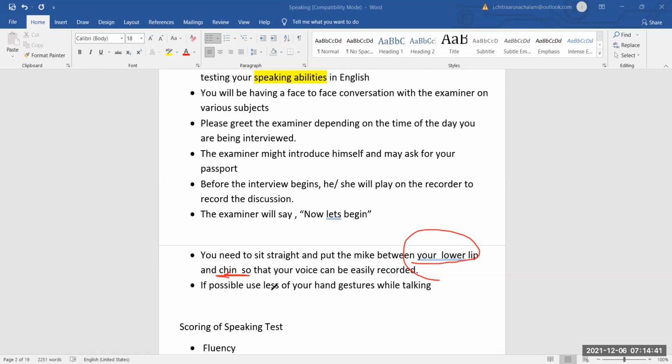The other thing is, as soon as the examiner says, now let's begin, please sit very comfortably. You do not want to use a lot of hand gestures, because it must not look artificial. Be very natural and comfortable. Consider this as a casual conversation that you always have with your friend, because speaking in IELTS is completely informal.